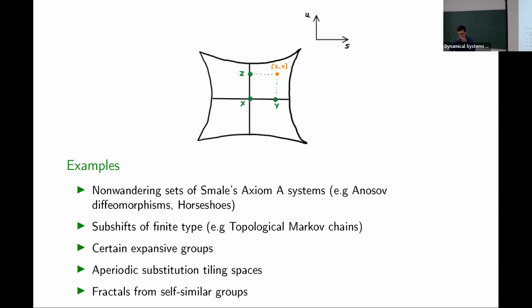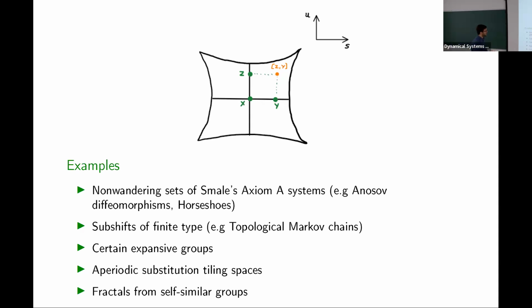Yeah, on the torus. Do I understand correctly that you take your y and you draw through it the unstable manifold, and the stable one? Exactly. So around every point in your space, you have stable and unstable manifolds.